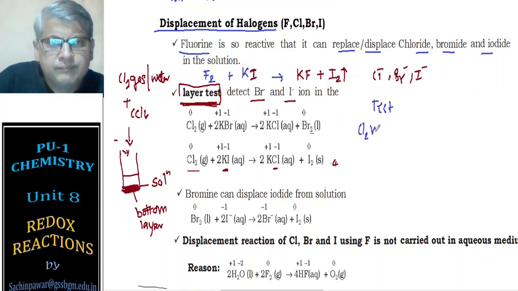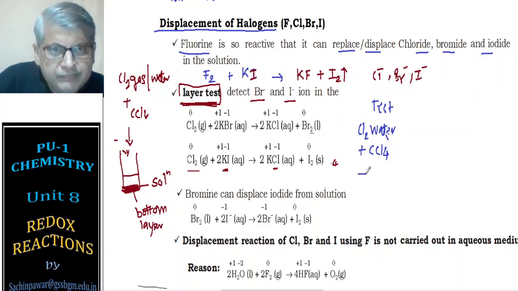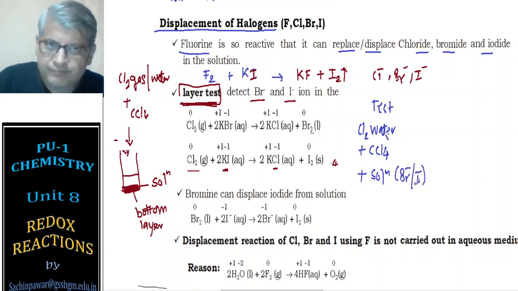Chlorine water and carbon tetrachloride are mixed with the solution containing bromide ion or iodide ion.